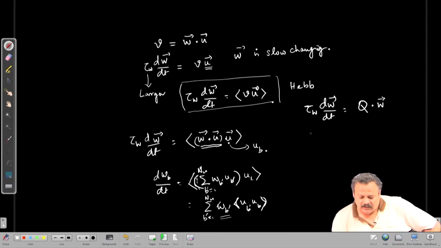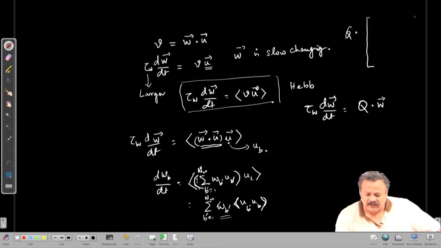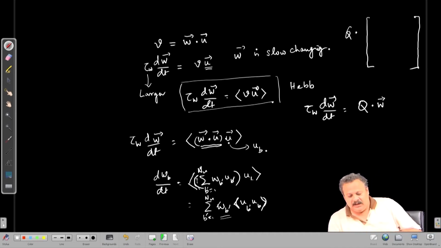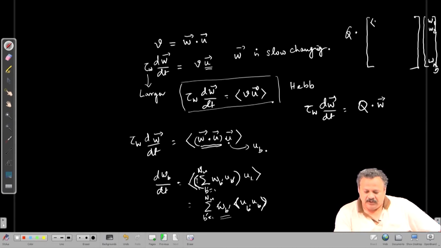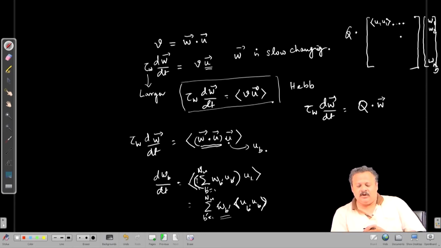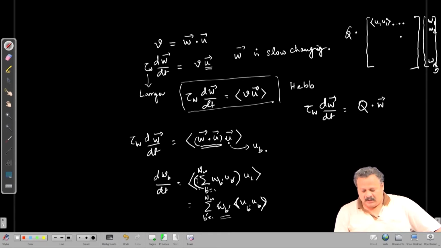So, what do we have in Q? Q is basically an N_b by N_b square matrix, and we are multiplying this by W. So, we have W1, W2 up to W_Nb, and here we have the average of U1 up to, and basically each of these terms is the average of the product of the input rates in each of the input neurons, and so this is the correlation matrix.